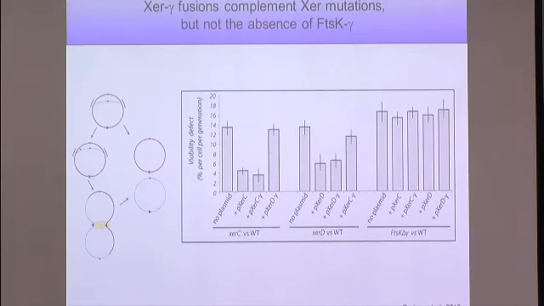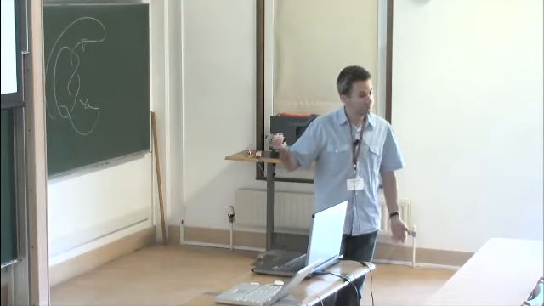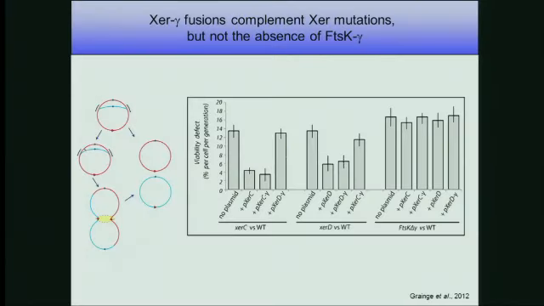So in a XerC mutant, you can express wild-type XerC, and you recover that fitness loss. You can express the C-gamma fusion protein, and again, you recover that fitness loss. So it's working in recombination on the chromosome, just as XerC would. You can do the same with XerD, and you recover the fitness just as you would with the wild-type protein.